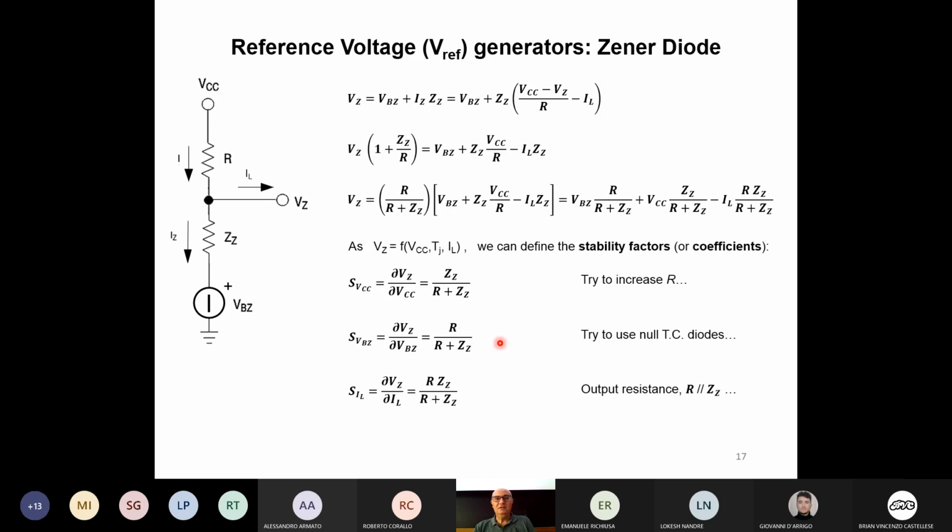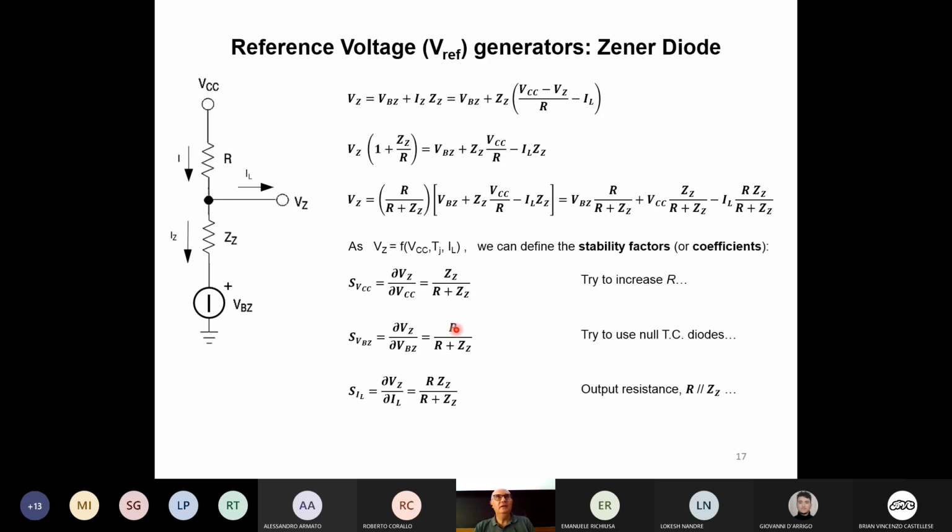Now we must go to the second step. The second step is considering the variation of VZ on the breakdown voltage. Here we are really in trouble, because if we optimized the previous step, increasing the value of R, we increase the value of R also here, because it's the same R, and these terms will tend to 1.